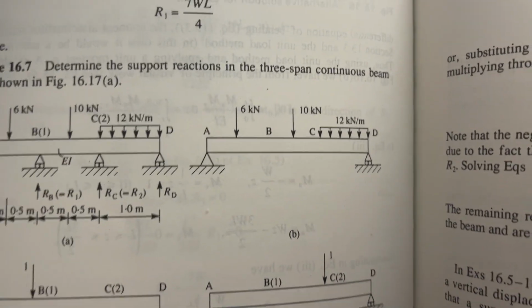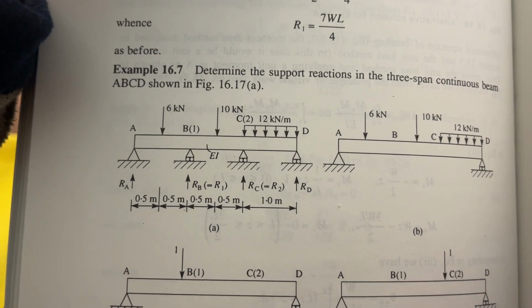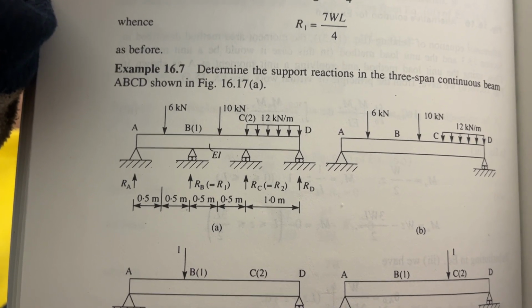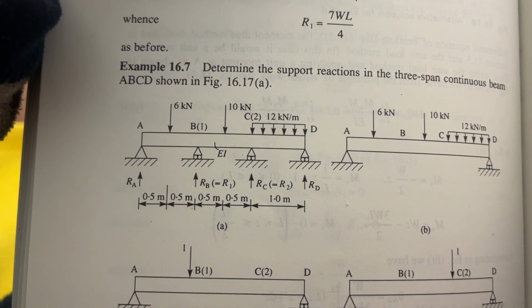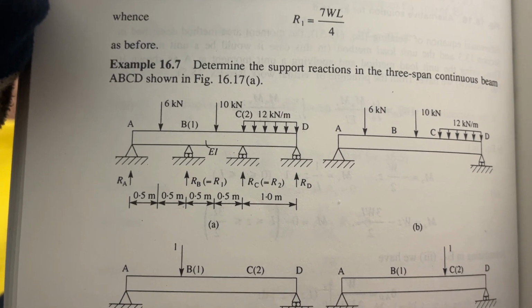So the primary structure is that we remove supports. You've got 1, 2, 3, 4, 5 reactions, but 3 equations of equilibrium. That means it's statically indeterminate by 2 degrees.